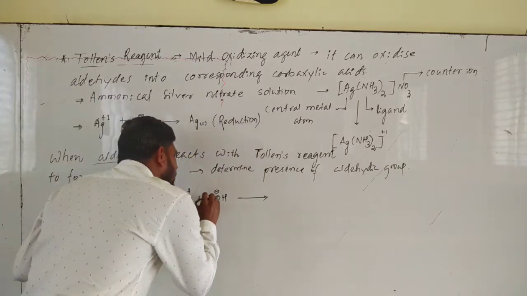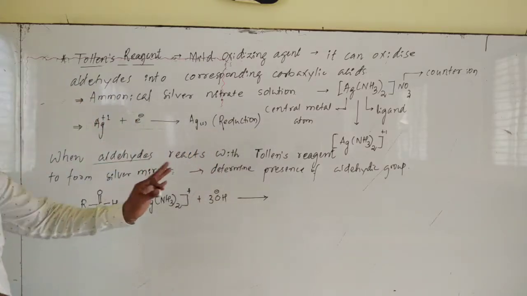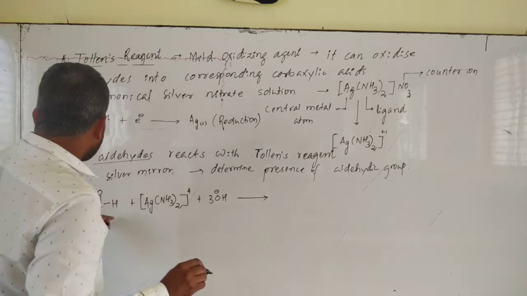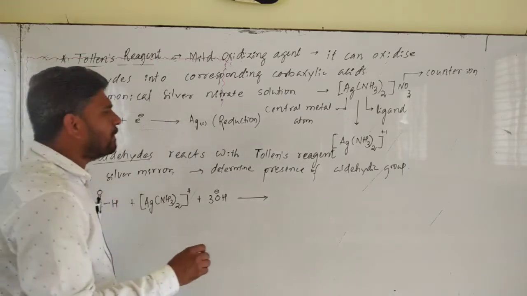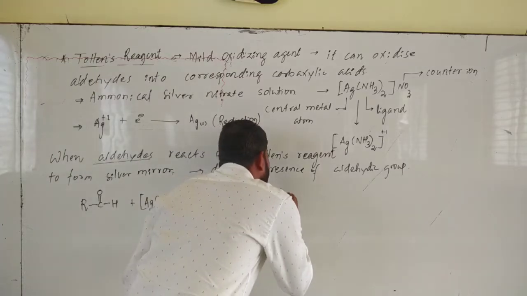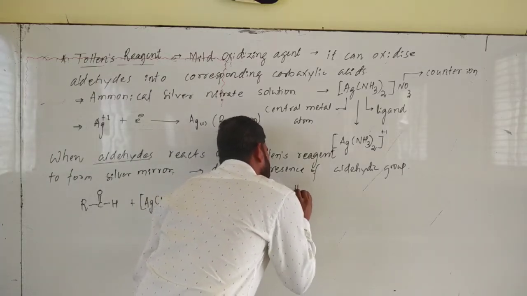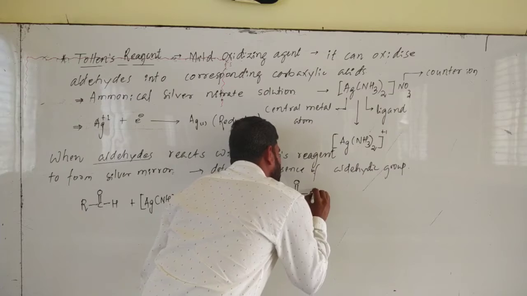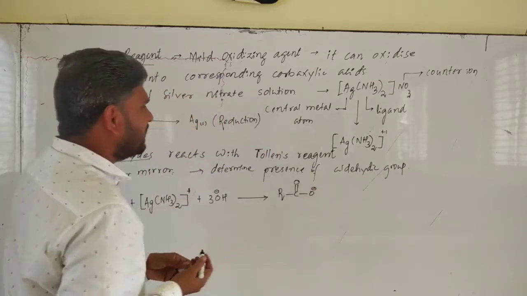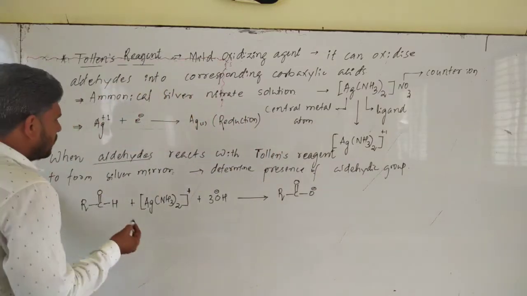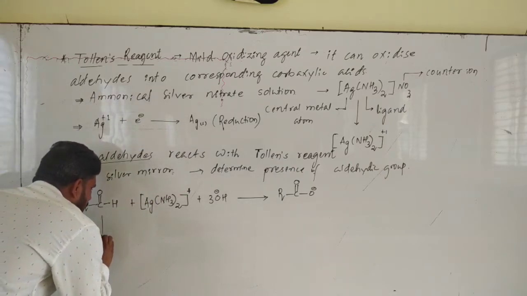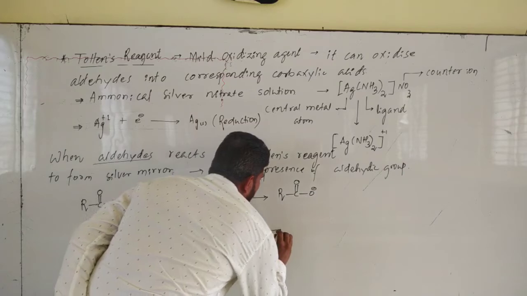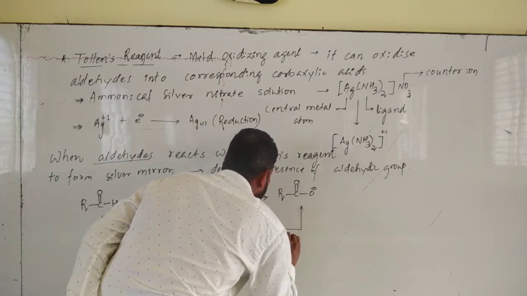Listen, over here 3 OH minus are used. You need to remember these points. Whenever aldehyde is oxidized, what is the product? Carboxylic acid. But over here I will write carboxylate anion, because this is actually the species which is formed. Carboxylate anion is formed by oxidation only.